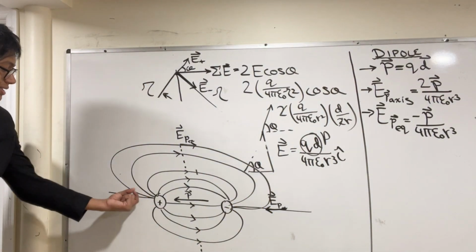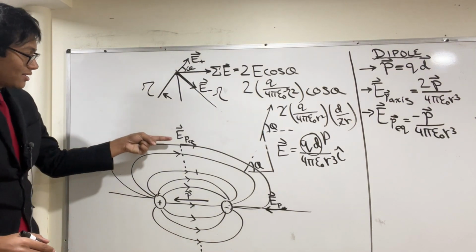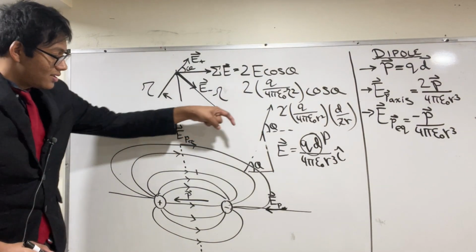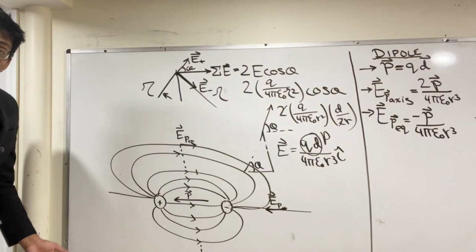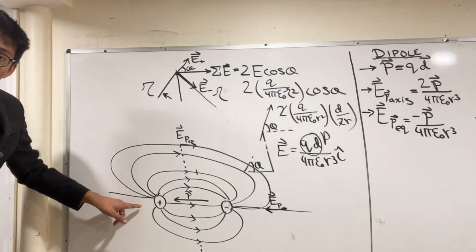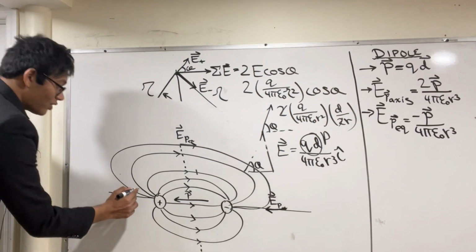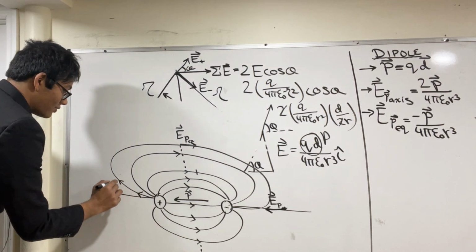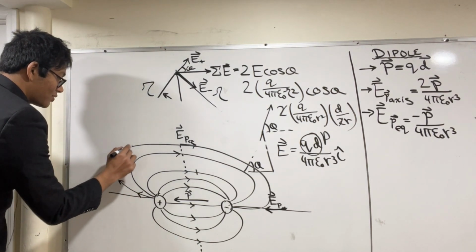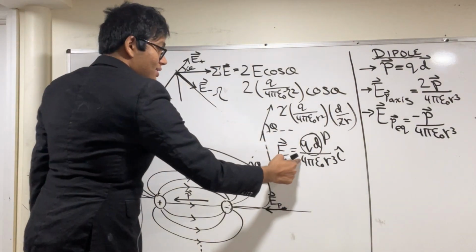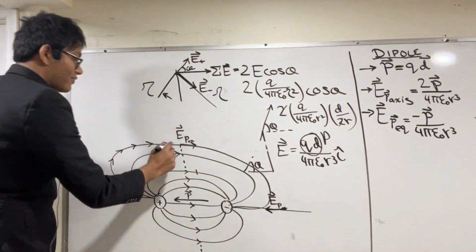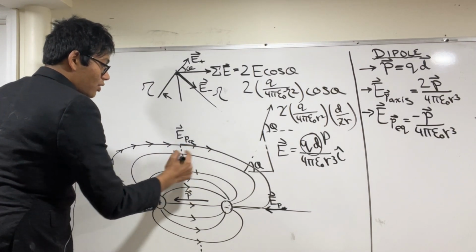And now you can actually see why the field lines are in the opposite direction of the dipole moment and then curving back to the dipole moment right here. And actually that's why the dipole moment goes from minus to plus. Because look, imagine you're following along right here. You've got a field line thrown out of a positive charge. Right here we've shown that the electric field is in the opposite direction of the dipole moment when you're on the equator.